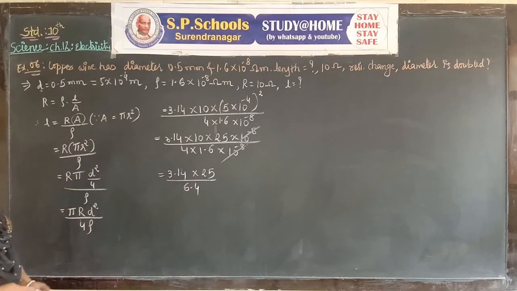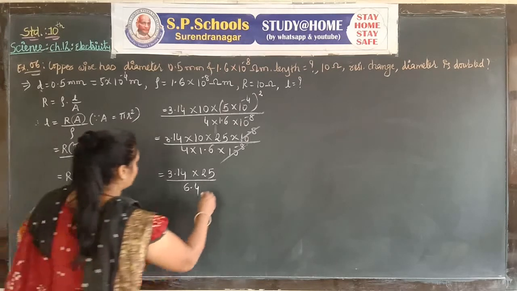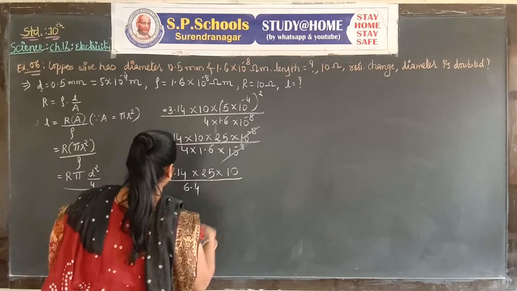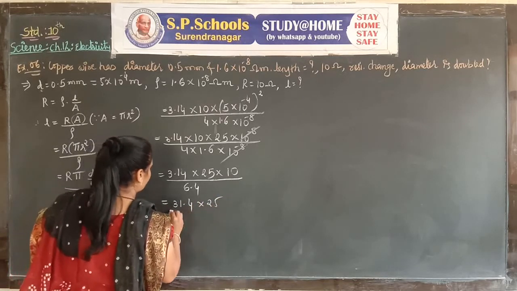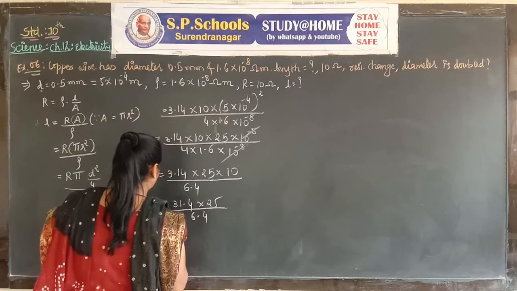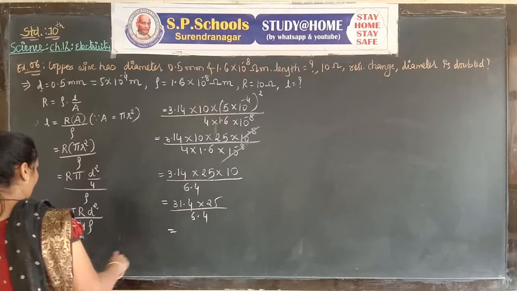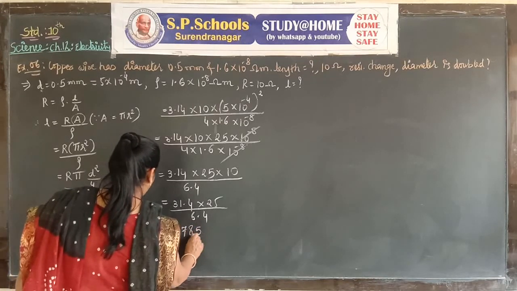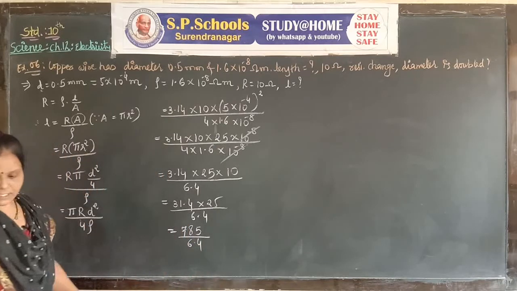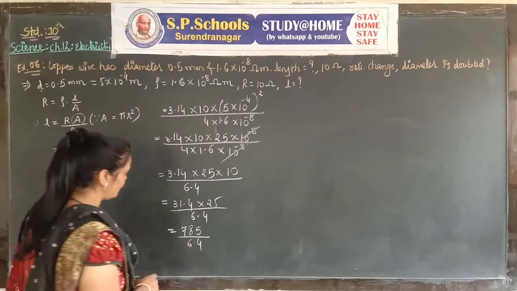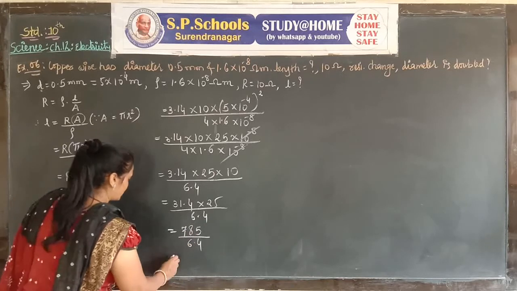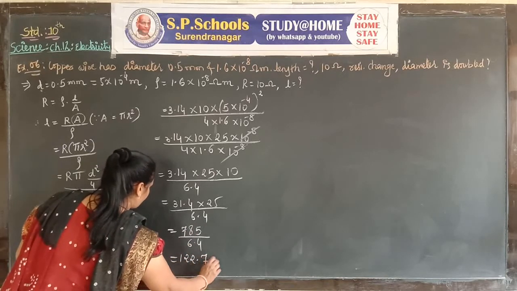We have to find the values. Here we take 10, so it is 31.4 into 25 upon 6.4. 31.4 into 25 is 785 upon 6.4, that is 785 upon 6.4, and when we divide, it will be 122.7.